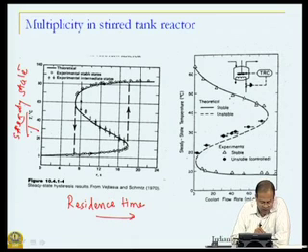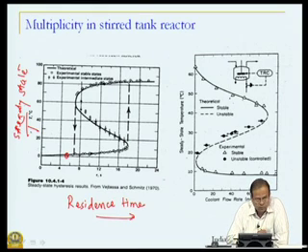So, what we see is that if we start increasing the residence time, let us say the residence time is very short, then you expect very little reaction. So, temperature in the reactor is also very low, and it remains low if you keep increasing the residence time. Of course, temperatures are slightly increasing, but they are still on a lower side.